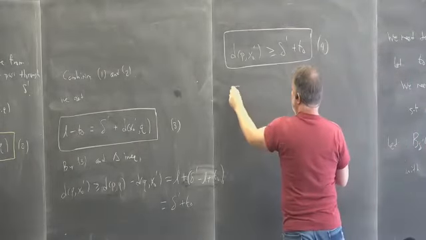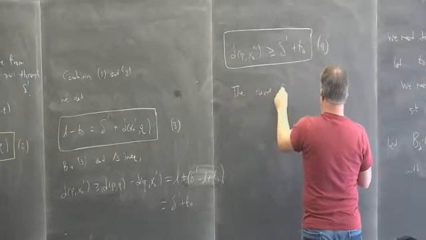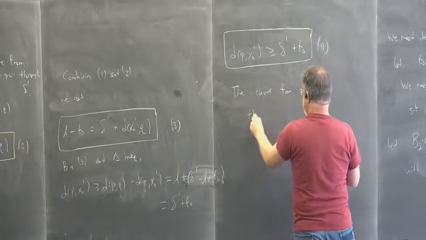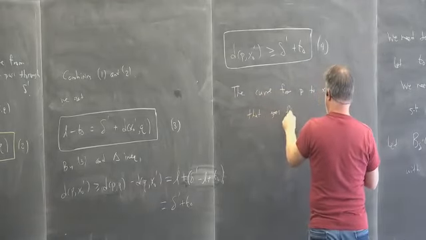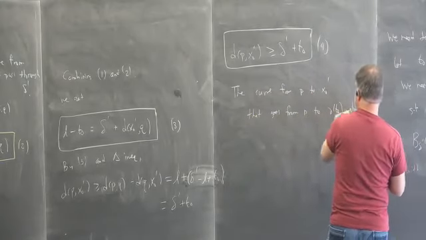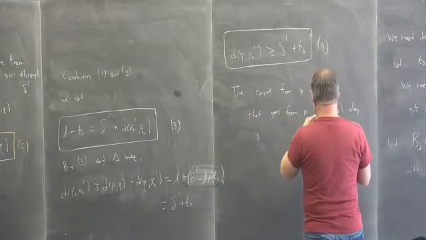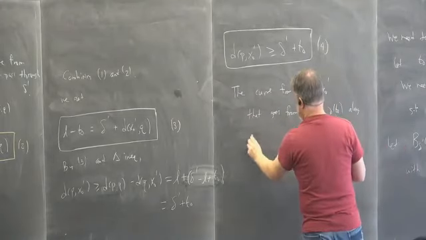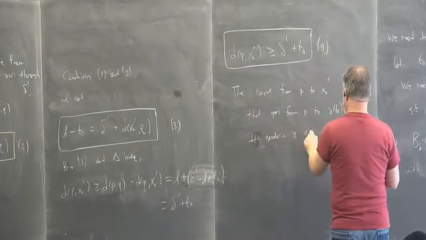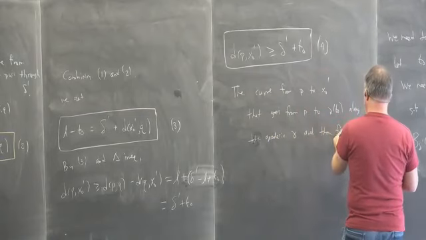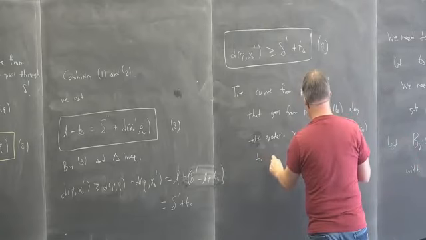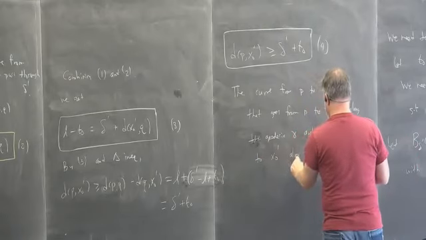Okay, so now look at the curve from P to X naught prime that goes from P to gamma of T naught along the geodesic gamma, and then from gamma of T naught to X naught prime along a geodesic ray.